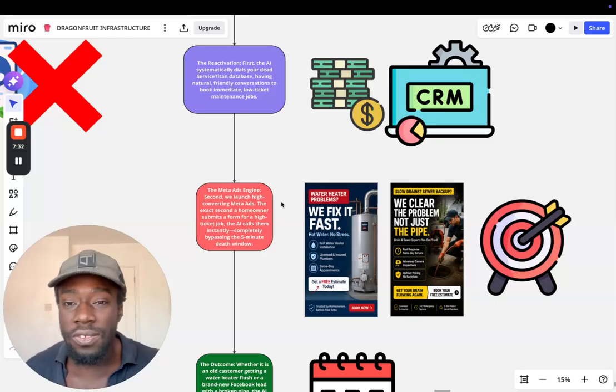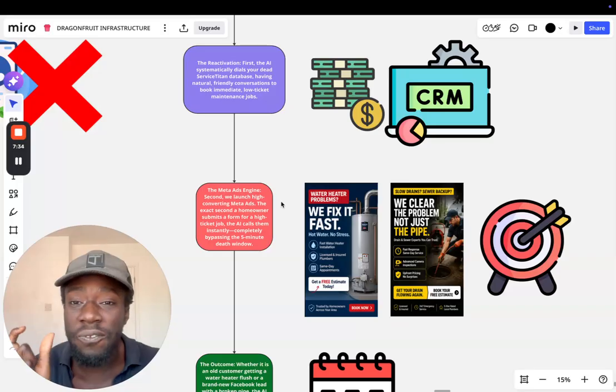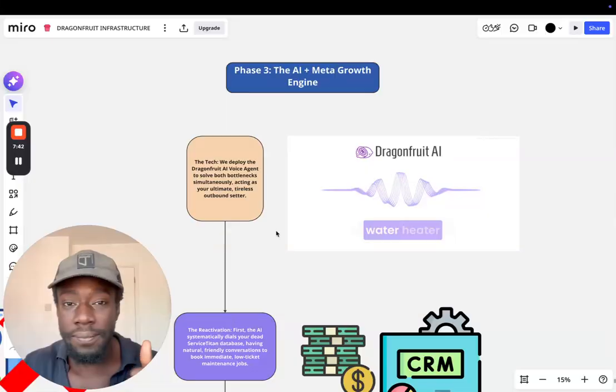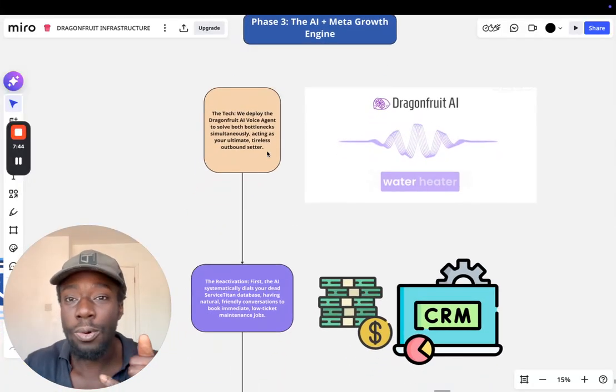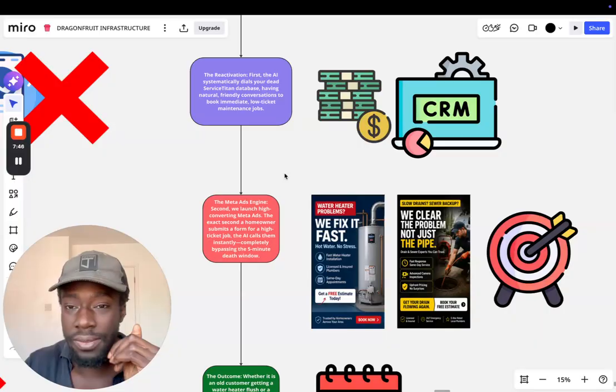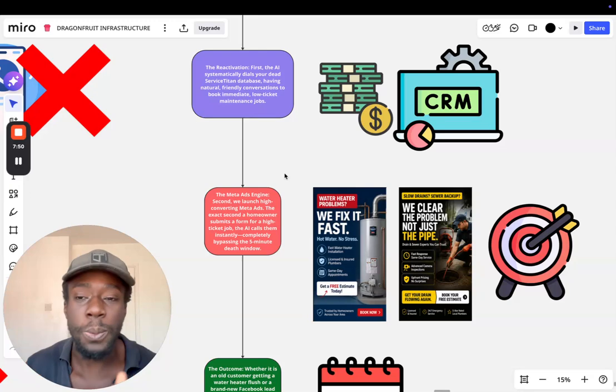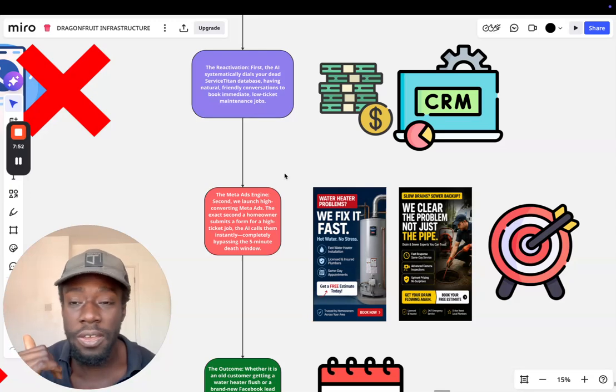So with this, you want to launch high converting meta ads. The exact second a homeowner submits a form for a high ticket job, the AI calls them instantly, right? The AI agent that you built will call them instantly, again completely bypassing the 5-minute death window, which we talked about in the previous videos. If you haven't watched that, I recommend watching that as well.